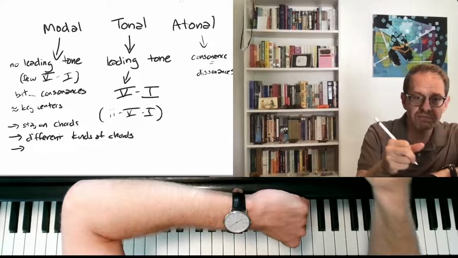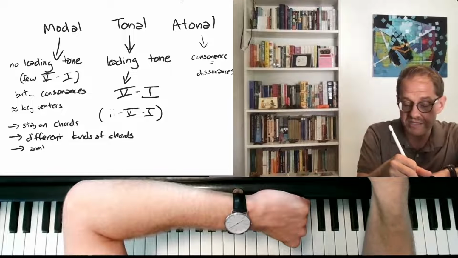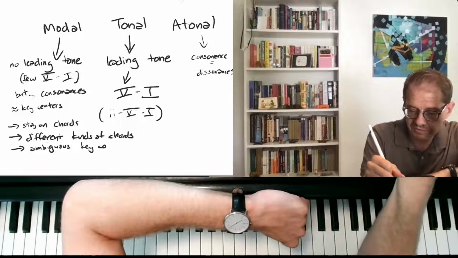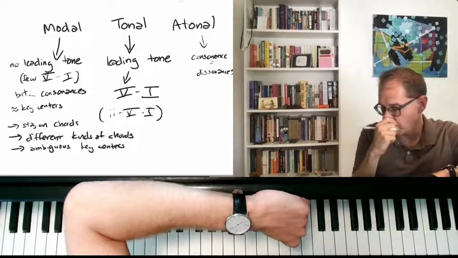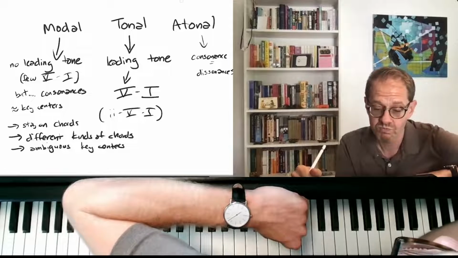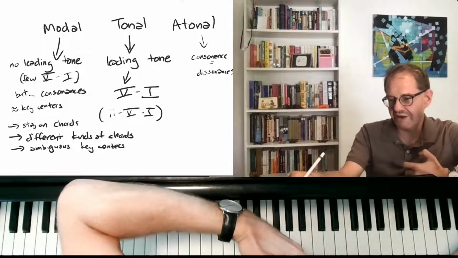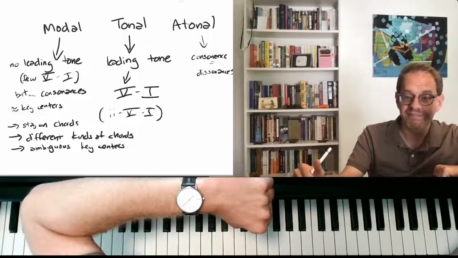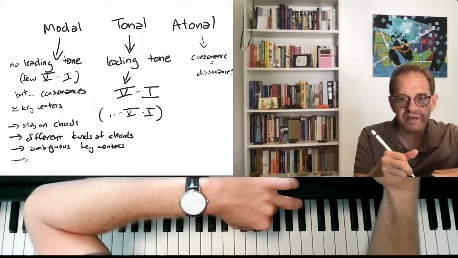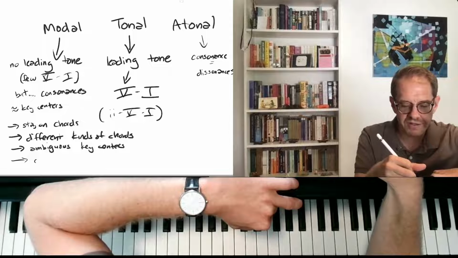And to that point, we might have kind of ambiguous key centers. Right? We might look at a tune and not be able to say what key it's necessarily in. Our key center might feel more like a mode than an actual key. And I think a really useful way of saying this is that we might focus on color change.